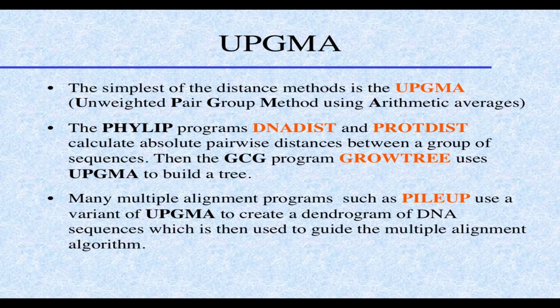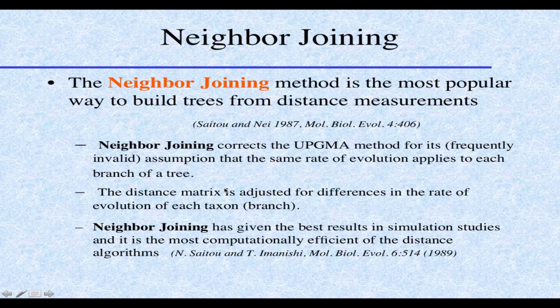UPGMA is the simplest. It just takes the closest pair, unweighted pair groups, right? So it takes the closest pair with no weight and makes a branch, and then the next closest, and then the next closest, and the next closest. So it's very, very simple. So lots of methods use that.